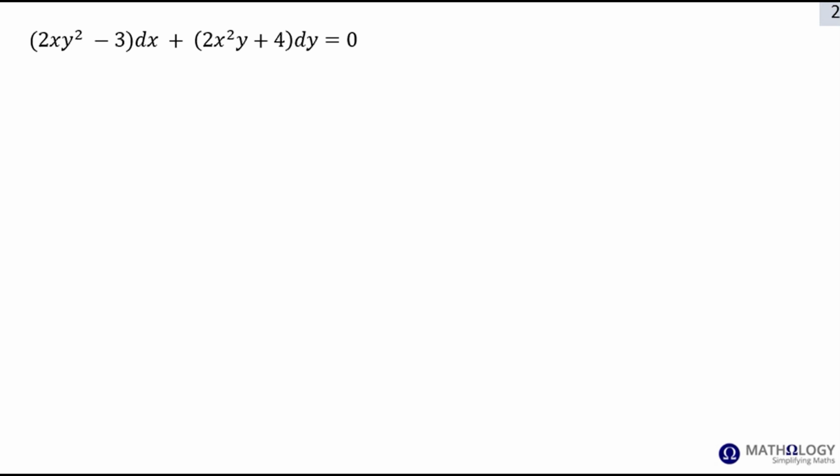Okay, this example is also in the M N form. So 2xy squared minus 3 is M, and 2x squared y plus 4 is N. Remember that M is the partial of f with respect to x, and N is the partial of f with respect to y.